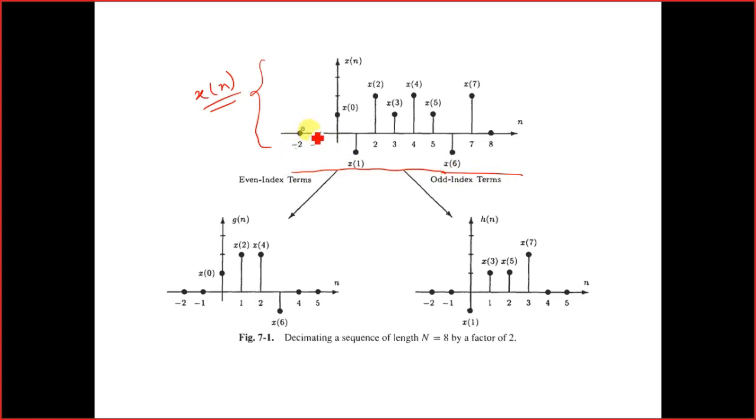At n equals minus 2 you have 0, at minus 1 you have 0, at x[0] you have, say, 1, at 1 you have minus 1, at n equals 2 you have x[2], say value 2, then at 3 you have a value of 1, and so on it goes on.